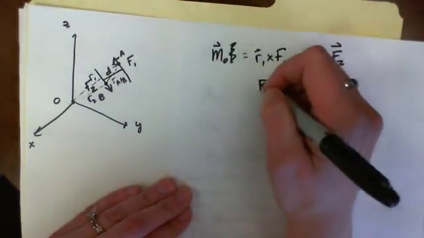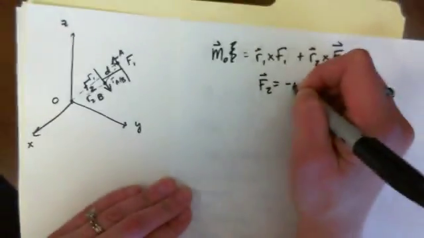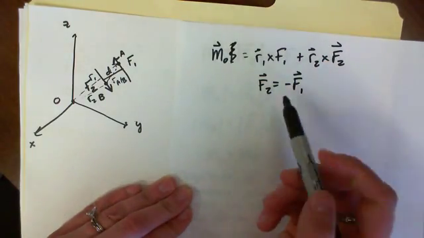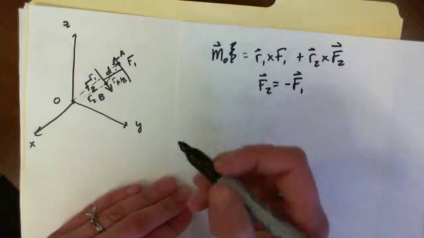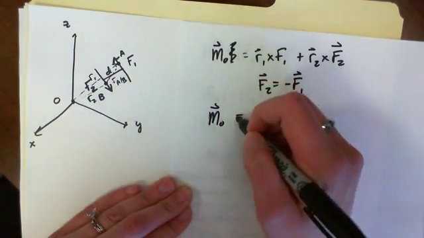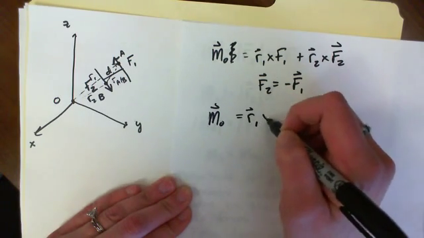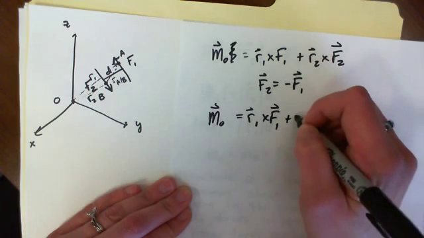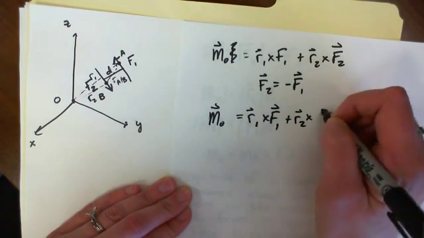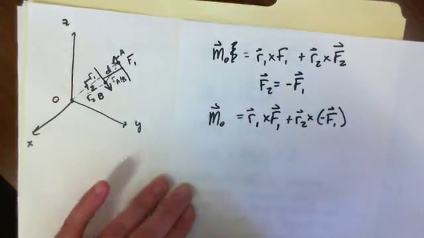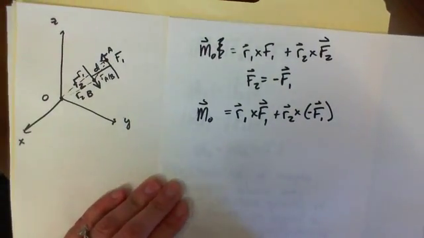Well, since I know that F2 is equal to negative F1, because now I'm using vectors, the direction sign does matter, then I can rewrite the moment vector as R1 cross F1 plus R2 cross negative F1, just substituting that in there.